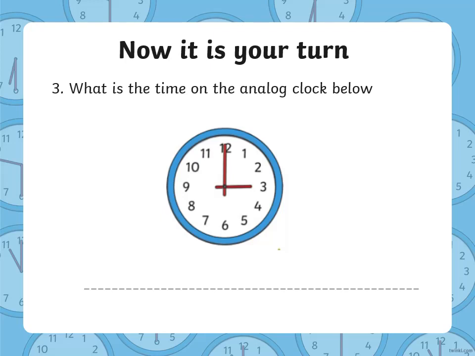And we can always count by 5s to find our 60 minutes or our hour. Ready? 5, 10, 15, 20, 25, 30, 35, 40, 45, 50, 55, 60. This is on our hour. So what do we write when we're telling the time on the hour? See if you can work that one out yourself.